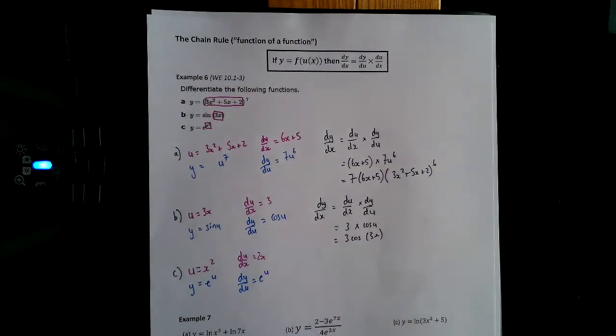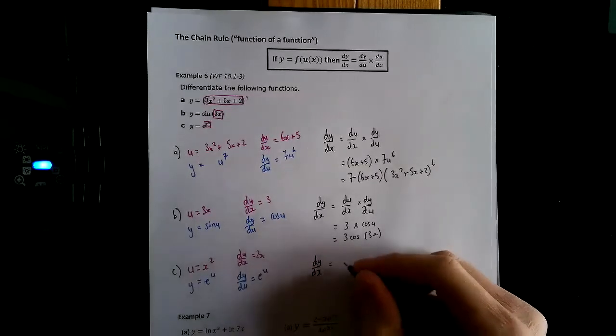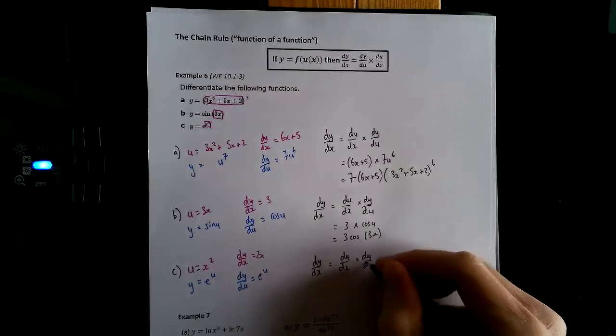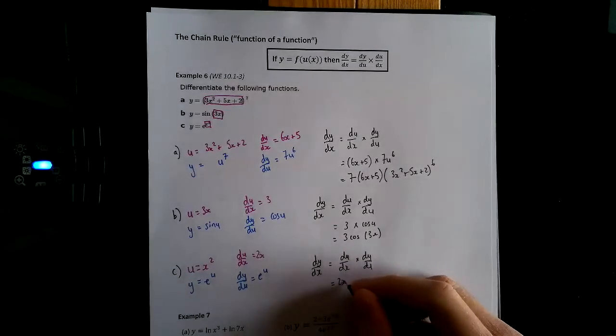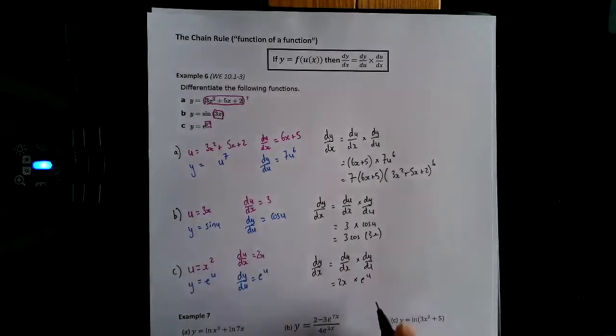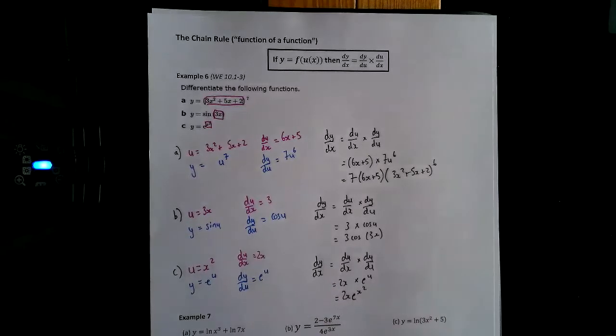And then use the chain rule, so dy by dx is du by dx times dy by du. So I get 2x times e to the u. Then again, just sub back in what u was. So 2x e to the x squared. That's it.